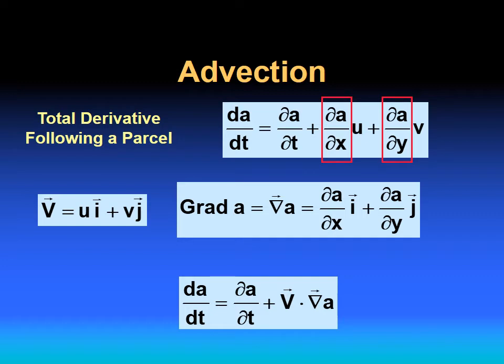And what the equation on the bottom says is that the change in A with time following a parcel of air, Lagrangian reference frame, is equal to the local change plus a change that results from motion and also from gradient. So that's V dot del A, or the wind vector, the horizontal wind, dotted with the gradient of A.